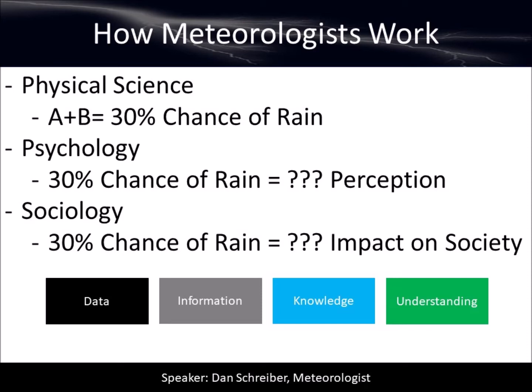We know that the general public is going to perceive things differently. We want them to react in a way that's going to be generally in their best interests. The sociology portion of it: if we say it's going to be a 30% chance of rain, what's that impact going to be on society?